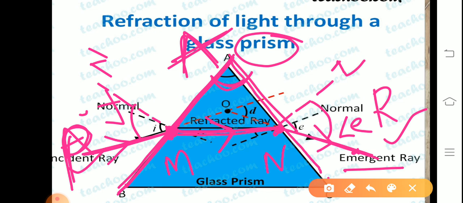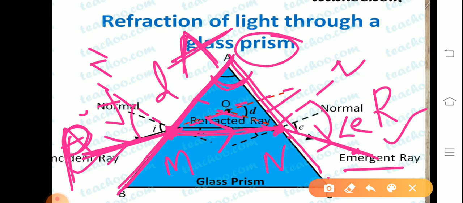If you extend PM using dots, and NR also in this direction, they meet at a point, showing angle D. So angle D is called what? Angle of deviation. The angle between the incident ray and the emergent ray is called the angle of deviation, small d.